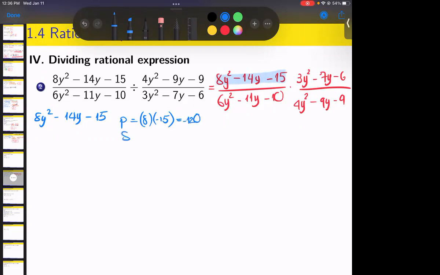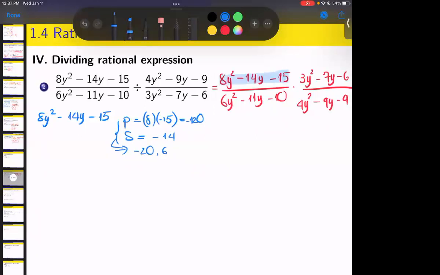And then the sum is negative 14. Can someone come up with the two numbers? It's kind of difficult. Very good. Use your calculator. Some people are faster than others. That's all right. Everybody has their own rate to learn.